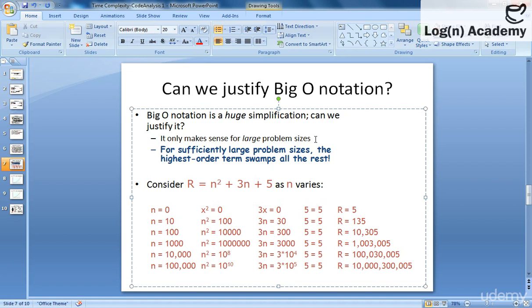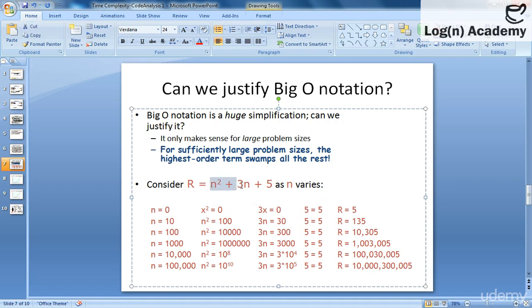When we have a larger problem size, like if we are going towards 10,000, 20,000 or 50,000 input values, in that case we will see that the highest order term will become dominant. For sufficiently large input sizes, the highest order term swamps all the rest.